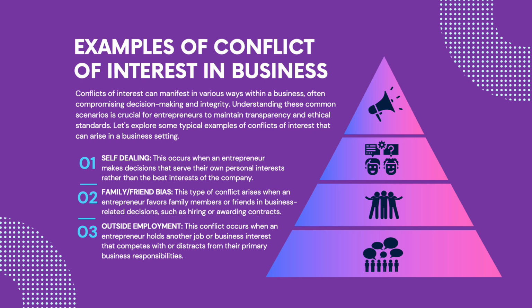Lastly, outside employment. This conflict occurs when an entrepreneur holds another job or business interest that competes with or distracts from their primary business responsibilities. This is another very common one, where people say they have multiple jobs, they're doing two jobs, working multiple shifts. Again, while this looks harmless, it's not when the two companies you're working for are competitors, right?